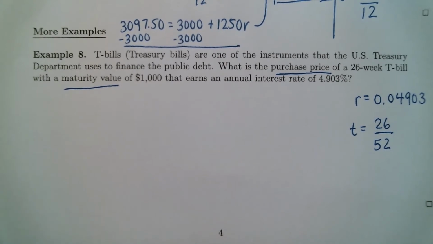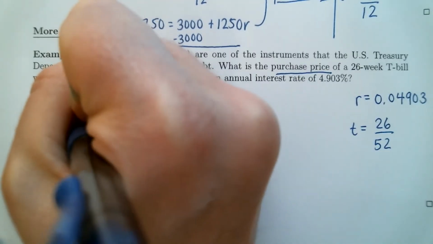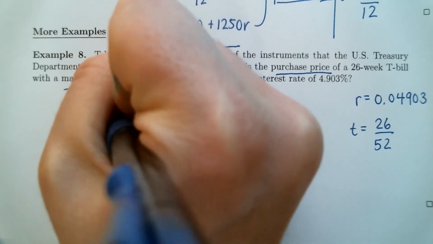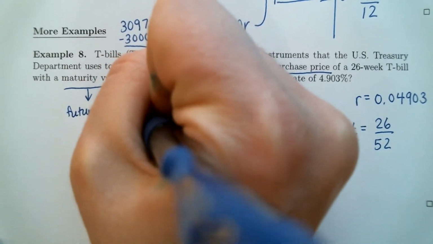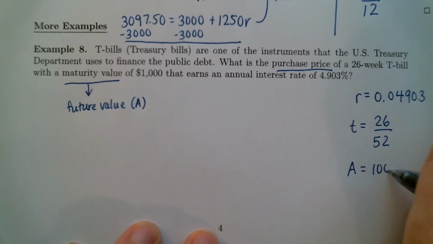If something matures, think about human development: a child matures into an adult, they become an adult in the future. So this maturity value is hinting at a future value, which is A. The A value here is $1,000.